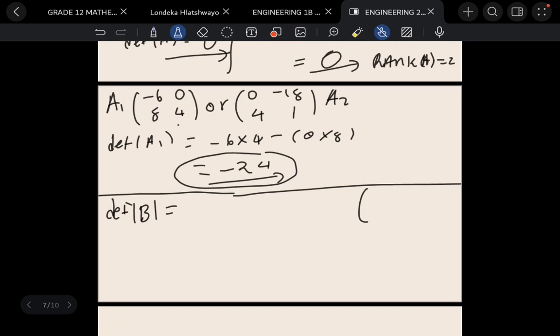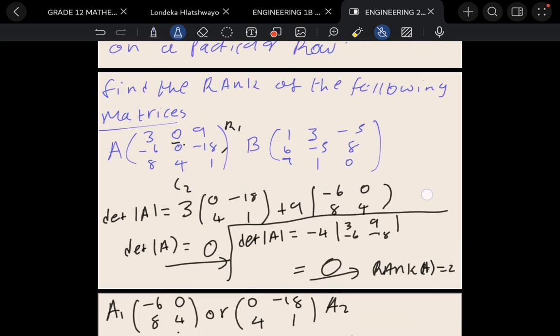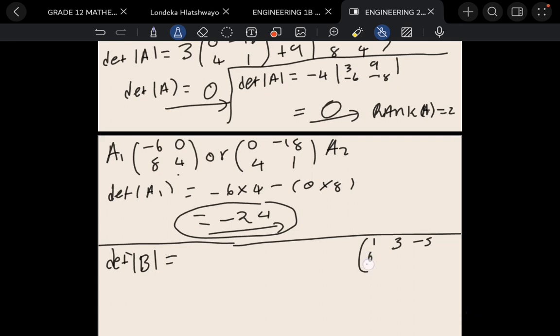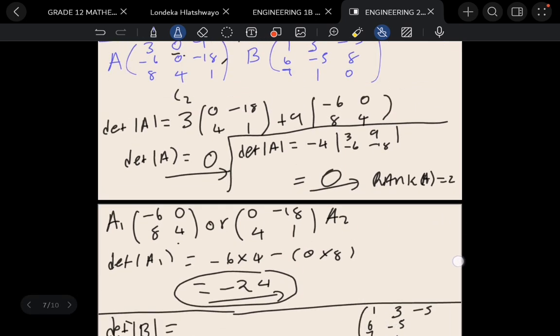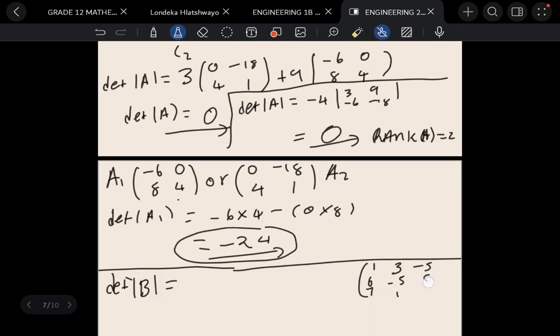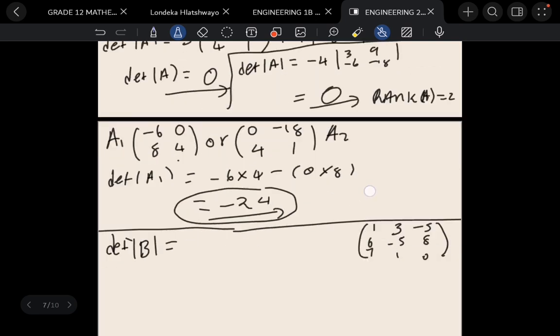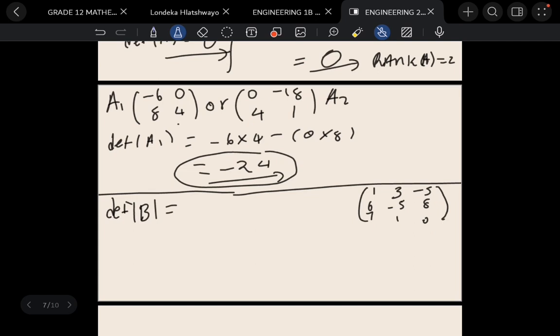It is 1, 3, minus 5, 6, 7, negative 5, 1, and 8, 0. Use any row here which has the most 0s.